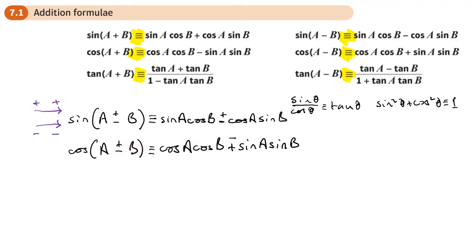The reason for that is that if you're doing cos A plus B, then you'll actually have cos A cos B minus sine A sine B. And when you have a negative on this side, cos A minus B, you will have a plus there. So the sign is reversed on the other side.